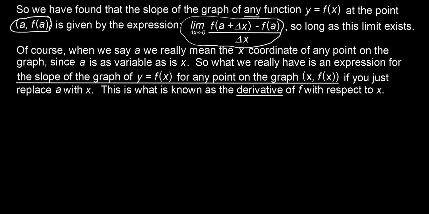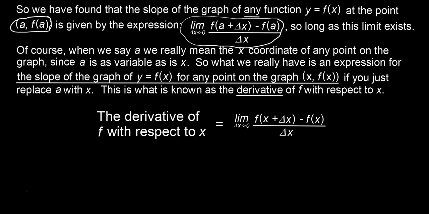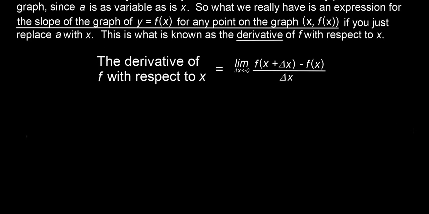And all we would have to do is replace a with x. When we do that, we get this thing known as the derivative of f with respect to x, which is this. So there's the derivative.